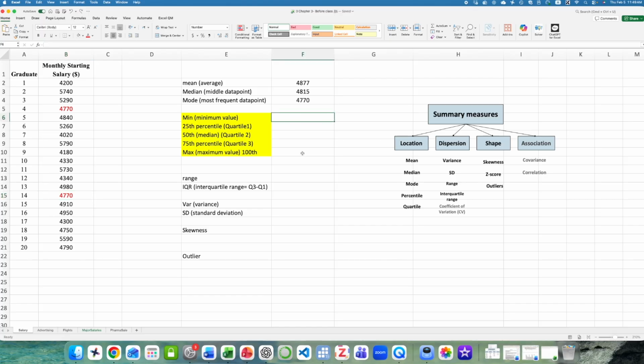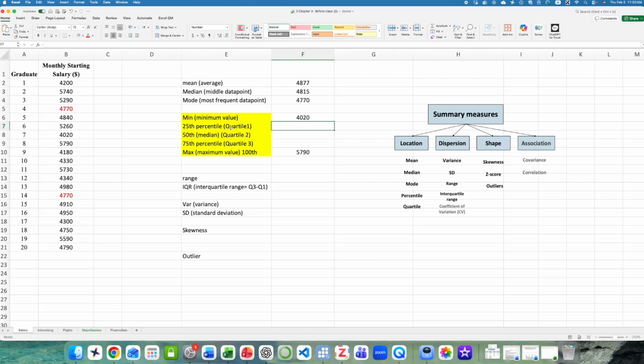Let's calculate the minimum and maximum. For the minimum, the function is min, open parenthesis, select the array of data. The minimum salary is 4020. For the maximum salary, the max function, select your array of data, close parenthesis, and this is the maximum salary.